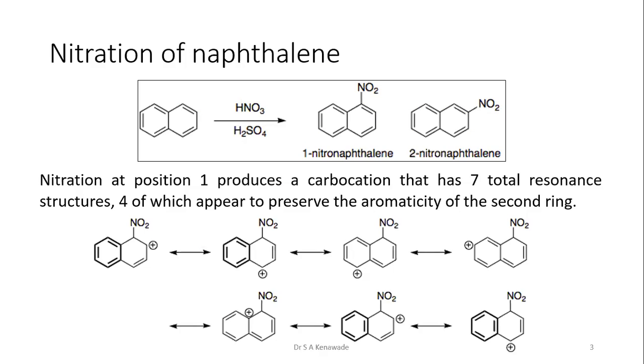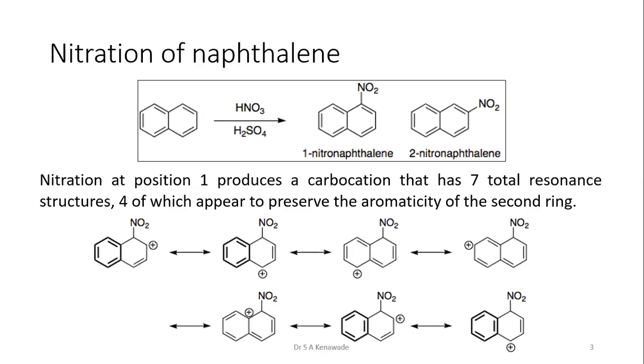Then two types of product will form: alpha nitronaphthalene, which we call 1-nitronaphthalene, and beta nitronaphthalene, also called 2-nitronaphthalene. Assume the nitration is at position 1, then you can see the various resonance structures.